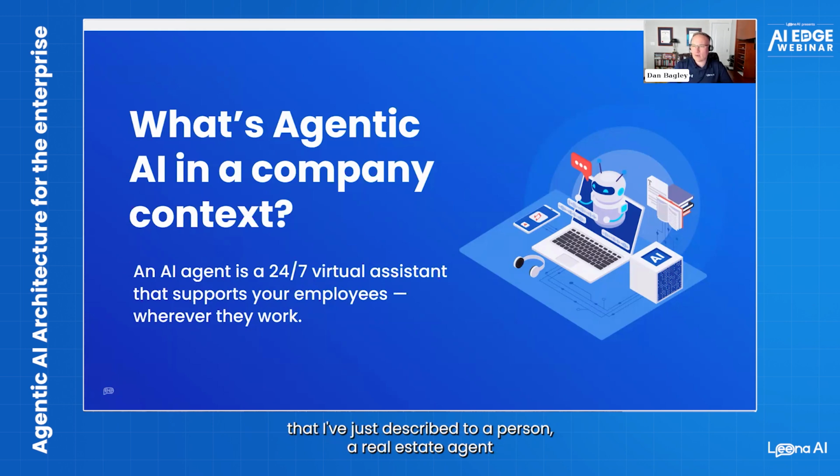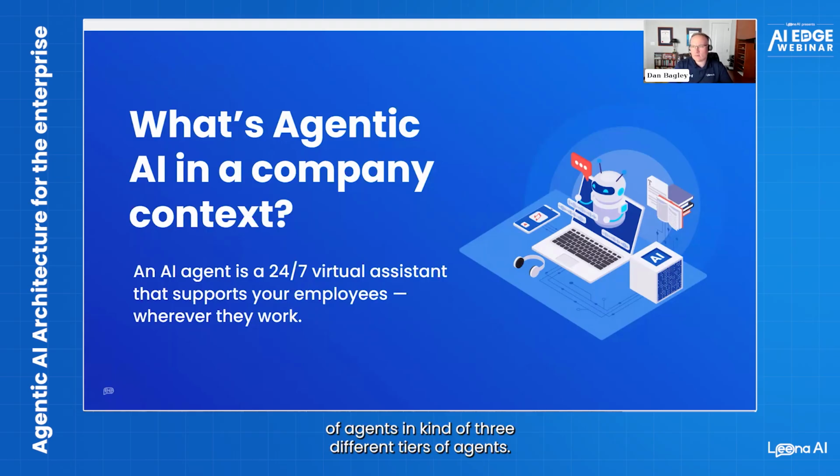Pretty much everything I've just described, a real estate agent taking action on my behalf, can be applied to an AI agent in the enterprise. I think of agents in the enterprise having all of those pieces of context. I've given them a high level piece of instruction. They're empowered to take certain sets of action on my behalf without confirmation, and then they need to take action on my behalf with confirmation.